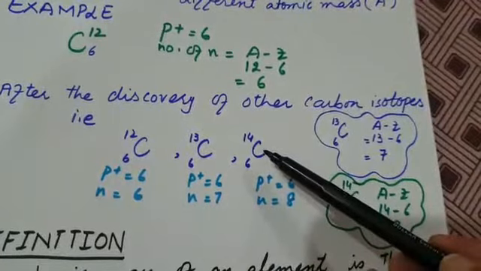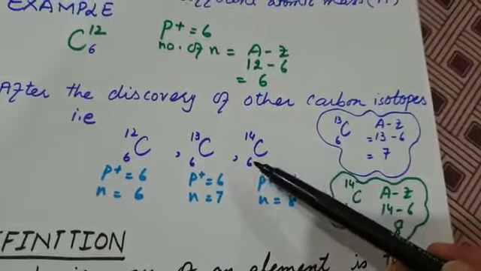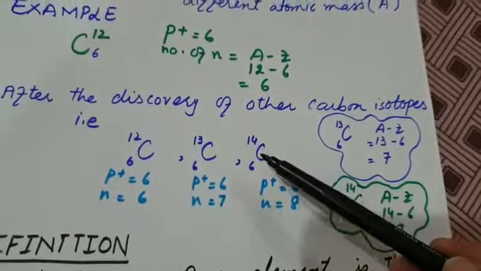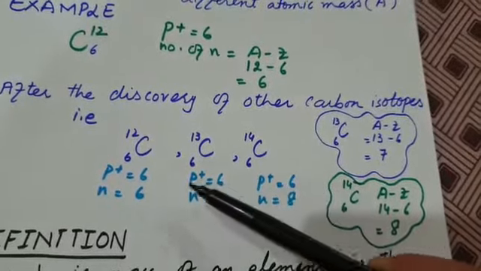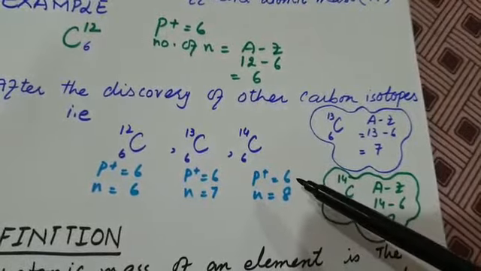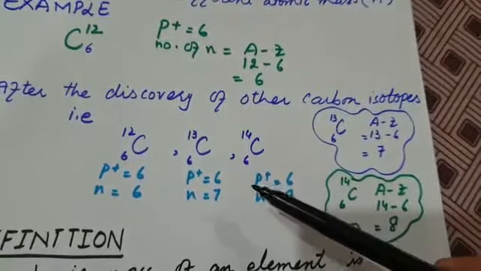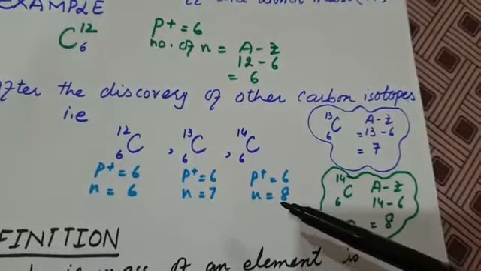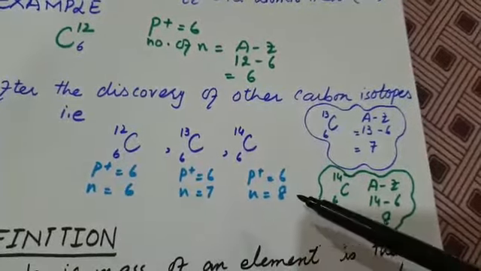Similarly, this is the third isotope of carbon. The atomic number is 6 and the atomic mass is 14. So the protons are the same in all three. That is, isotopes contain the same number of protons, whereas the number of neutrons is different.